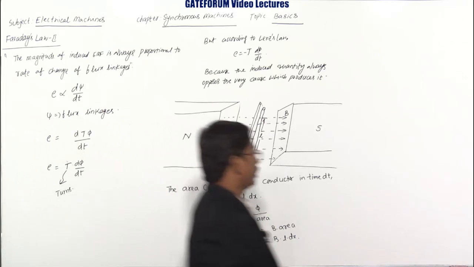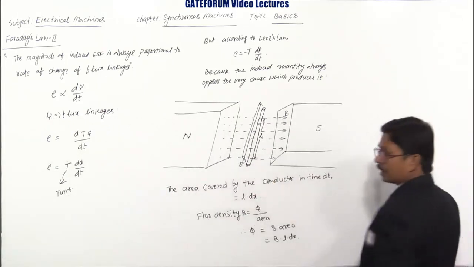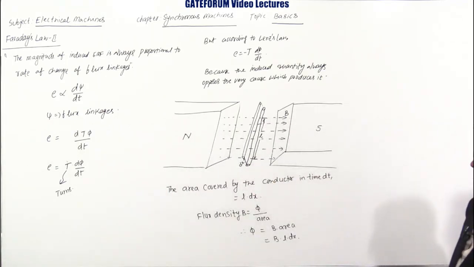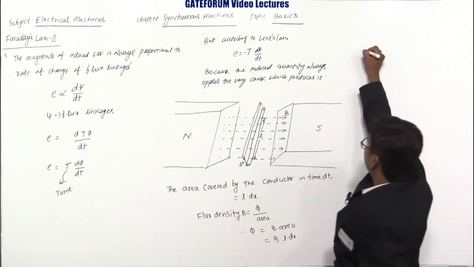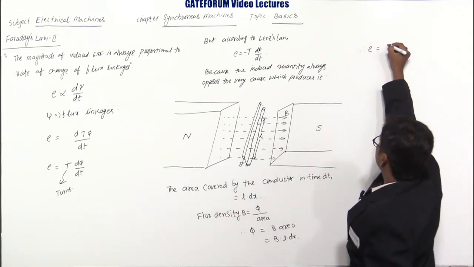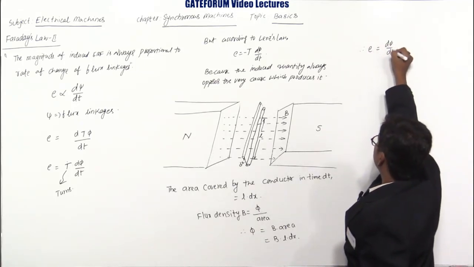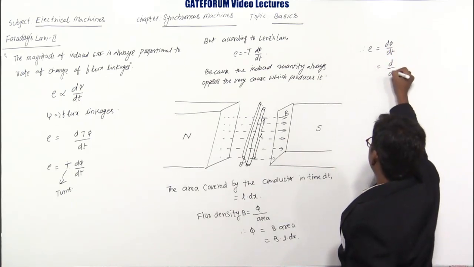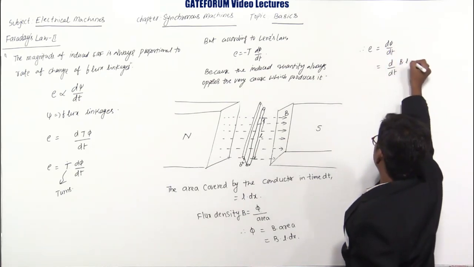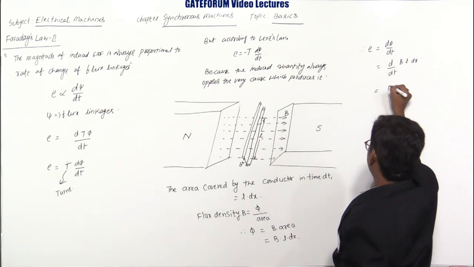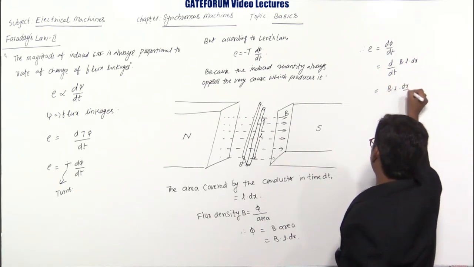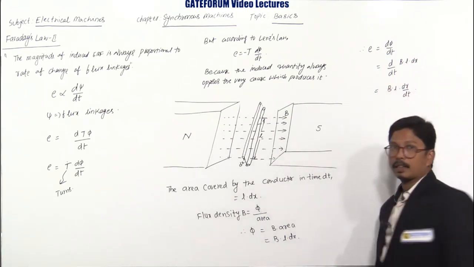As it is a single conductor, there are no number of turns, we are having a single conductor. Therefore induced EMF is equivalent to d phi by dt, which is nothing but d by dt of BL into dx, so BL into dx by dt.